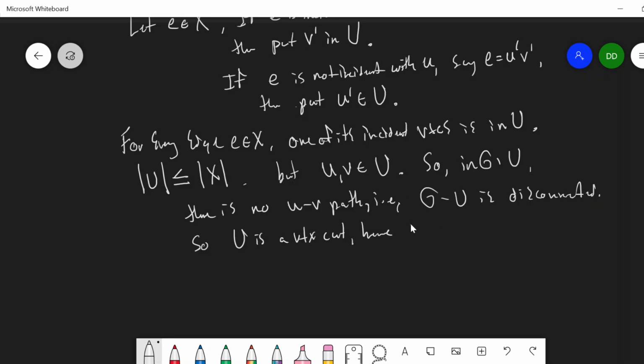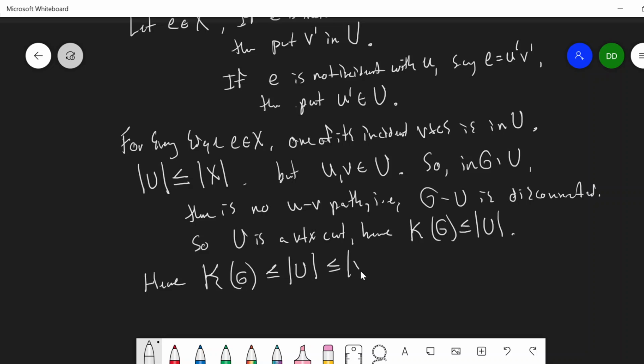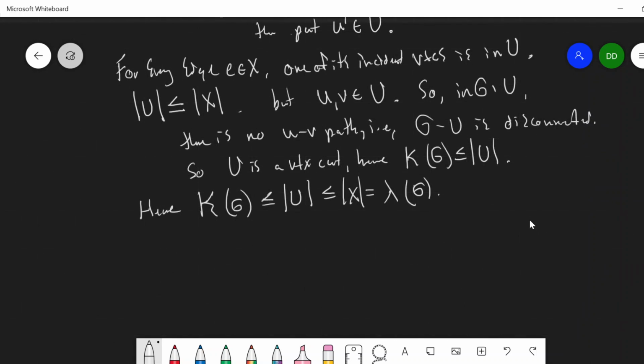Hence, the vertex connectivity of G is at most the order of U, or the cardinality of U. Hence, we have that the connectivity of G is at most |U|, which is at most x, my edge connectivity of the graph G. And so that's what we wanted to prove.